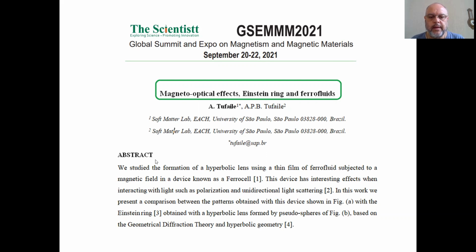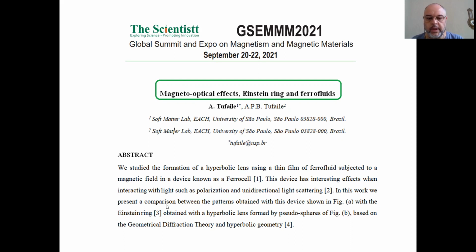The main idea here is to study the formation of hyperbolic lanes using a thin film of ferrofluid subjected to a magnetic field in a device known as Ferrocell. This device has interesting effects when interacting with light, such as polarization and unidirectional light scattering.